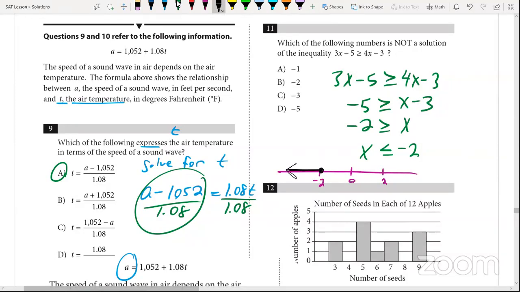So that right there is x is less than or equal to negative 2. And which of these is not part of that? Well, negative 3 would be here, negative 5 would be here, so they're okay. But negative 1 is outside of that solution. So the one that's not possible for number 11 is A. Now we're going to 12.